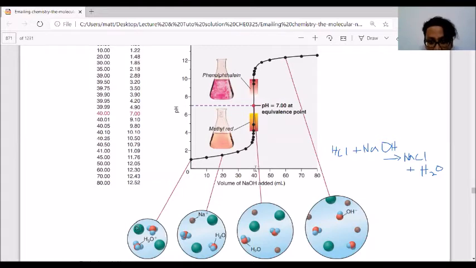Maknanya it's far from 40 mL, jauh daripada 40 mL. A good indicator is very close. Maknanya methyl red and phenolphthalein both change color within this vertical line. It shows that a very small volume added causes the color change, so very close to pH 7.